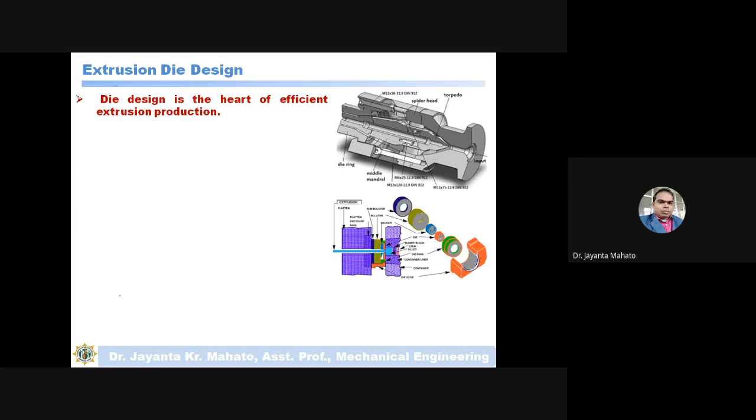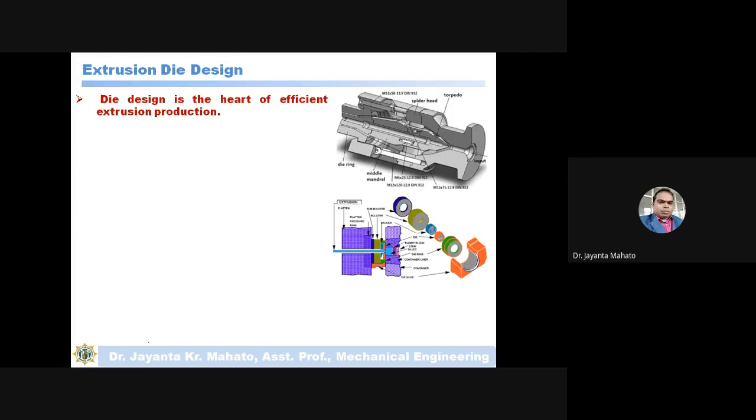So extrusion die design. This die design is a part of efficient extrusion production. According to the design of the die, the shape of the extruded part will come from the shape of the die, and the design, meaning the angle of the die, also depends on the extrusion process.